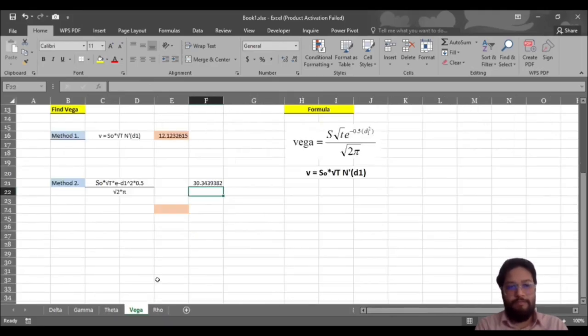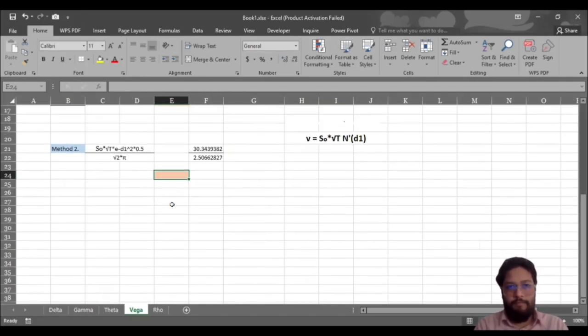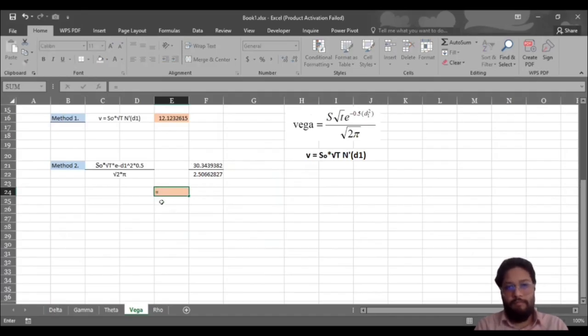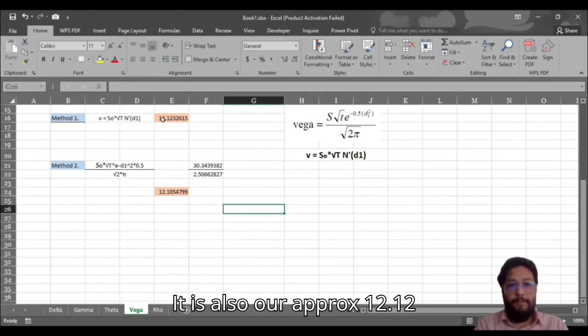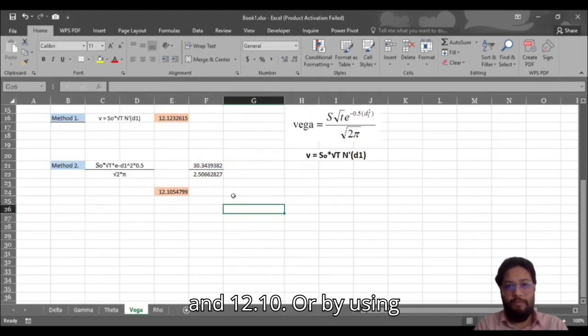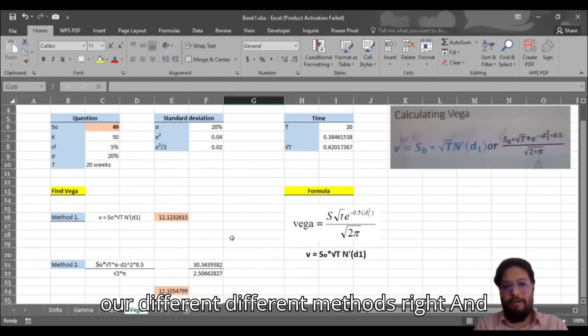So it is also approximately 12.12 and 12.10 by using the different methods, right?